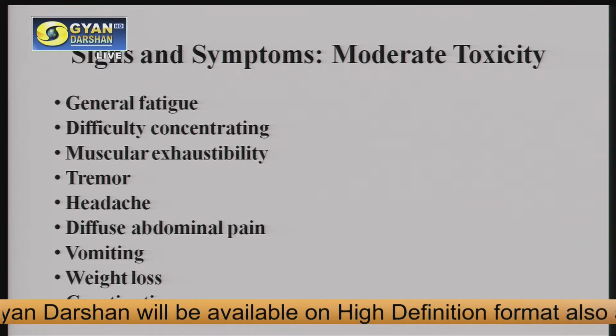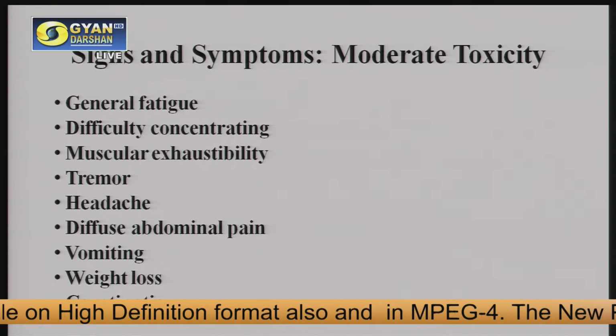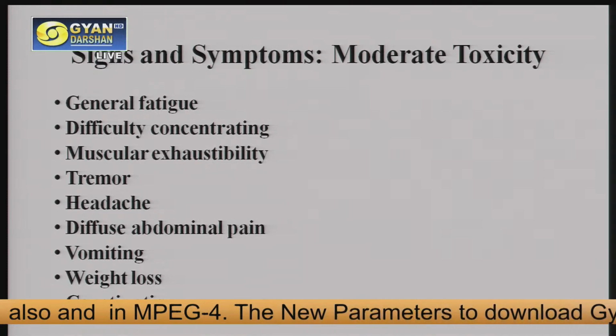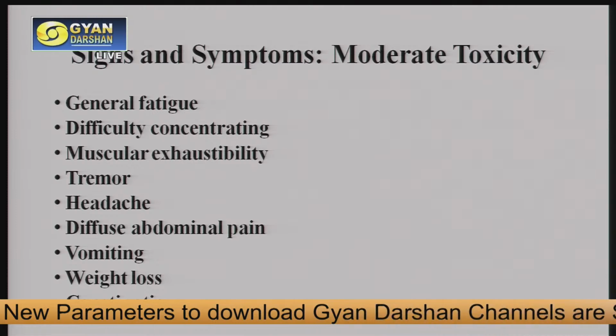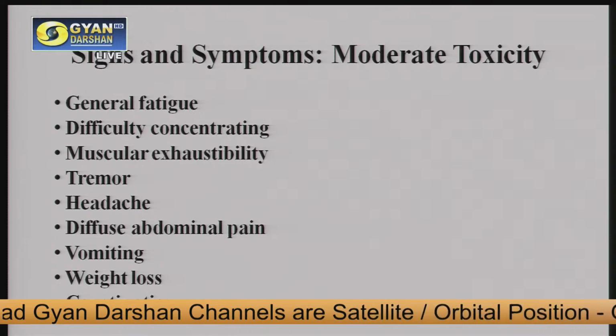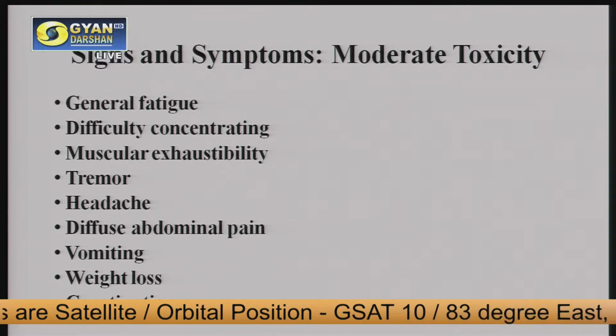Then children or even adults can come with tremors. They can exhibit symptoms of headache. Gastrointestinal symptoms are very, very common. So they will come with a complaint of occasional diffuse abdominal pain. There can be vomiting, there can be constipation, there can be weight loss.